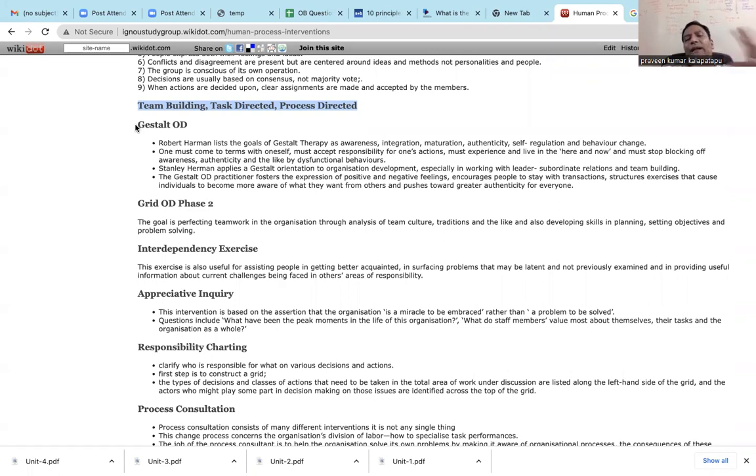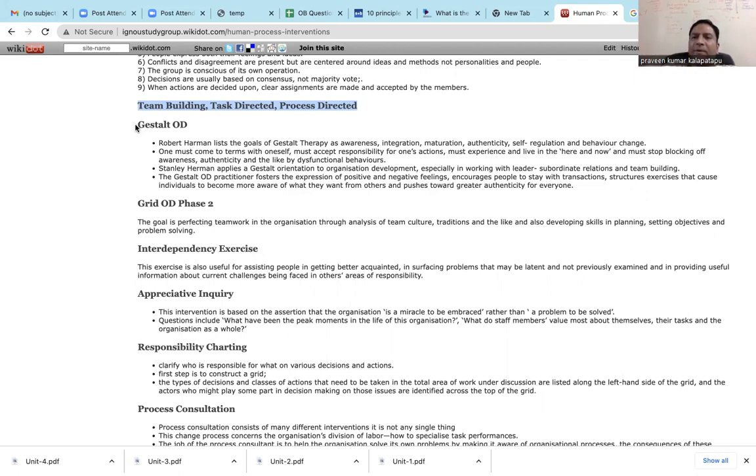And there could be task directedness. So what is task directedness? It is nothing but you are trying to take the team towards the task. You are helping them understand as a team what they are supposed to do. The other way of looking at it is process direction, which is how the processes should work within the team.